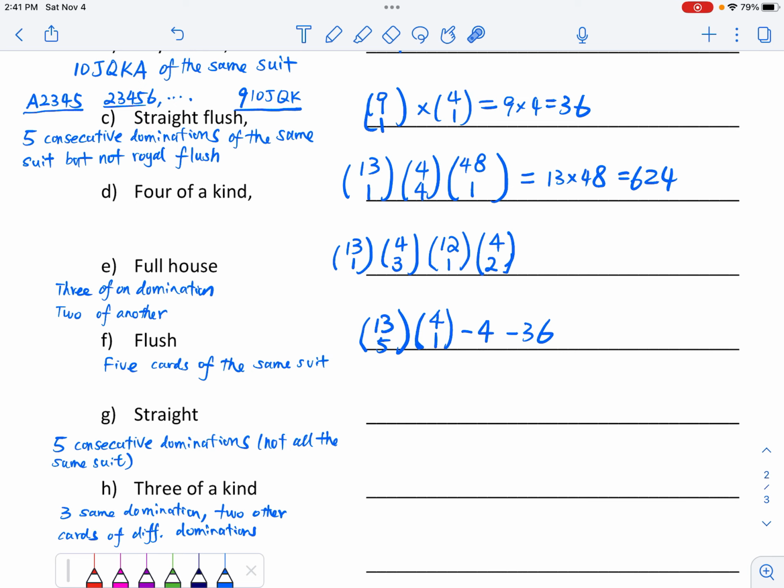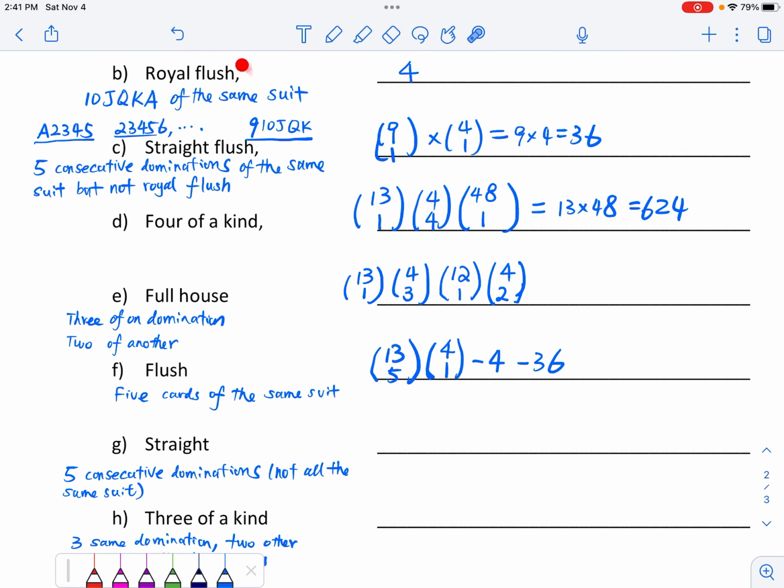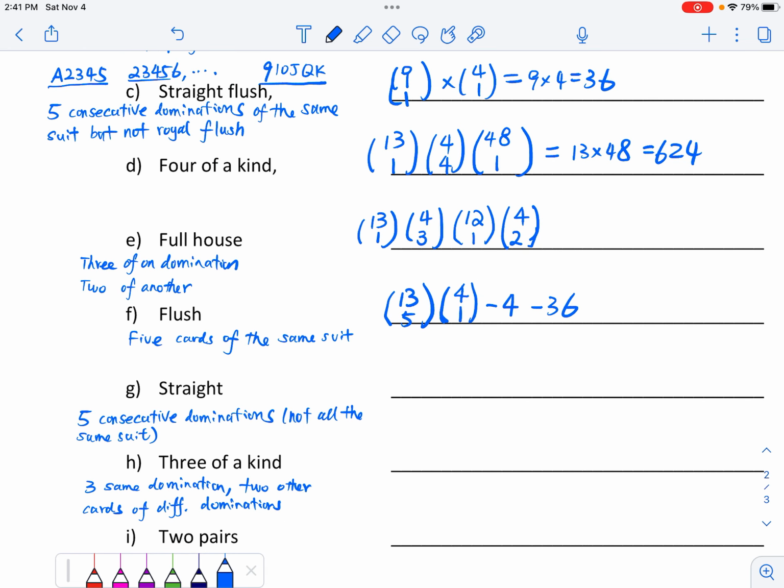Now, we also need to exclude the royal flush, and so one way to do that is think about the straight. You have these possibilities. It starts with ace, 2, 3, 4, 5. The second possibility will be 2, 3, 4, 5, 6, and so on and so forth.